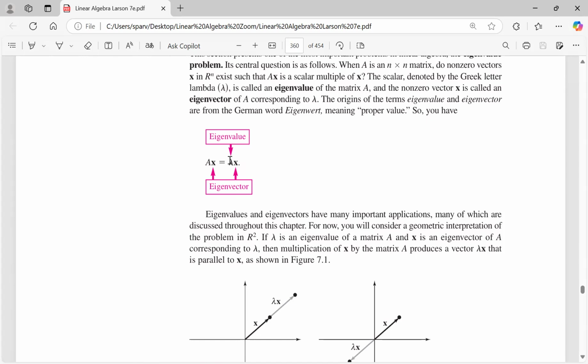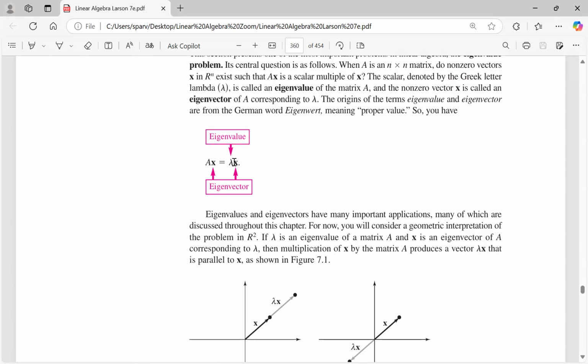Now, the scalar lambda is called the eigenvalue. Lambda could be real numbers or complex numbers, but in this chapter we only look at real numbers, so all our eigenvalues will be real.